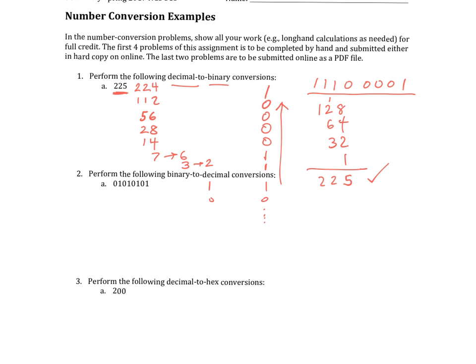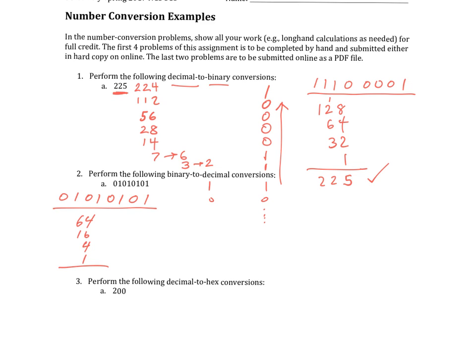Let's go ahead and convert in problem 2 from binary to decimal. Okay, this is 0, 1, 0, 1, 0, 1, 0, 1. Let me write that out a little bit larger. And we can see that we have a 1 in the 64's place, a 0 in the 32's, but a 1 in the 16, a 0 in the 8, but a 1 in the 4, a 0 in the 2, but a 1 in the 1.